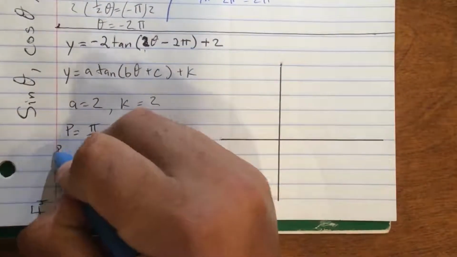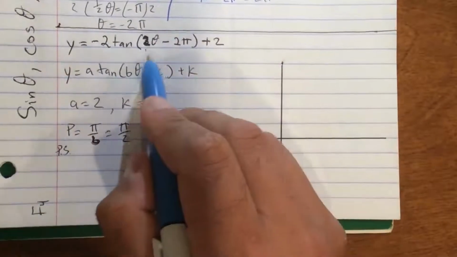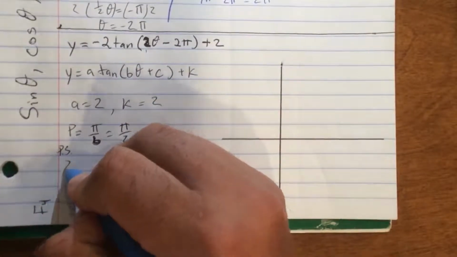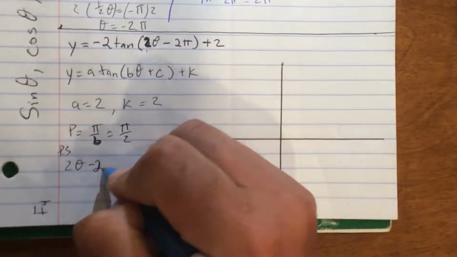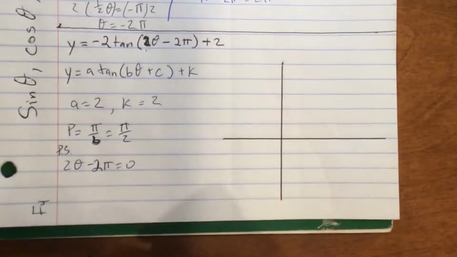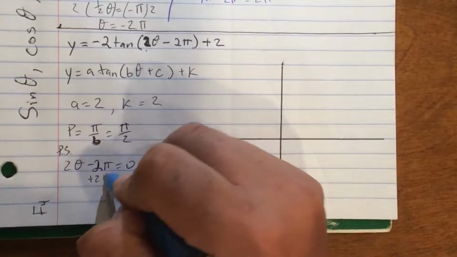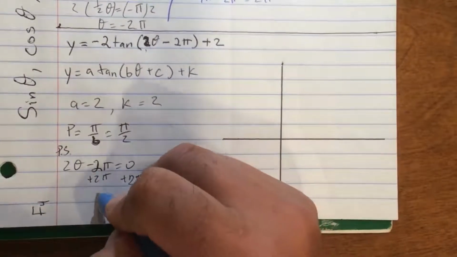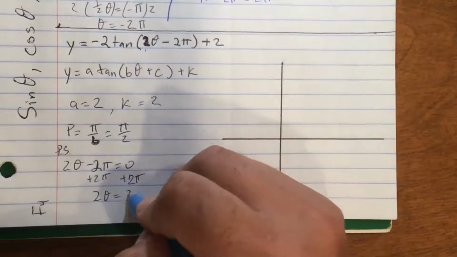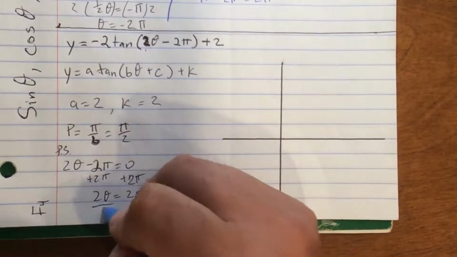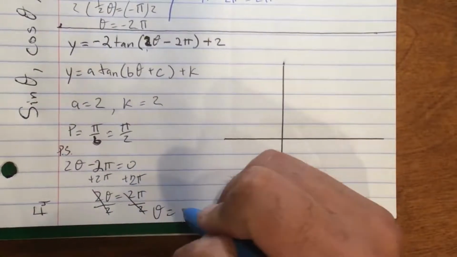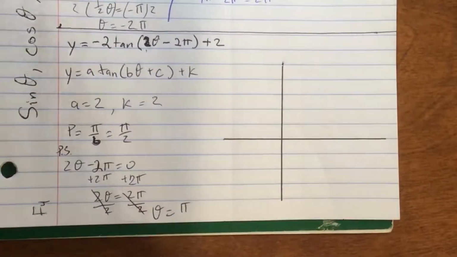Now we're going to solve for our phase shift. So we have 2 theta minus 2 pi equal to 0. We're going to add 2 pi to both sides, then we get 2 theta is equal to 2 pi. Divided by 2, we have theta is equal to pi, which is awesome.